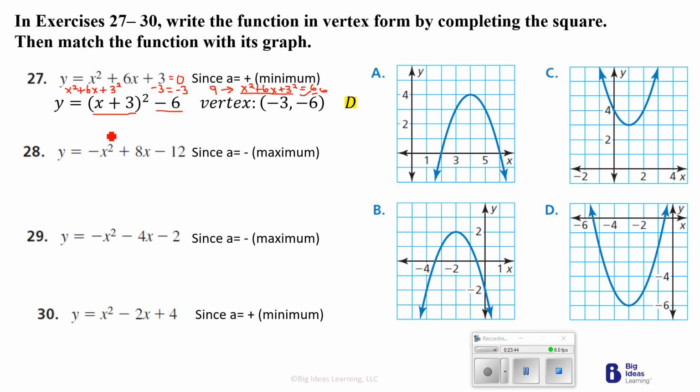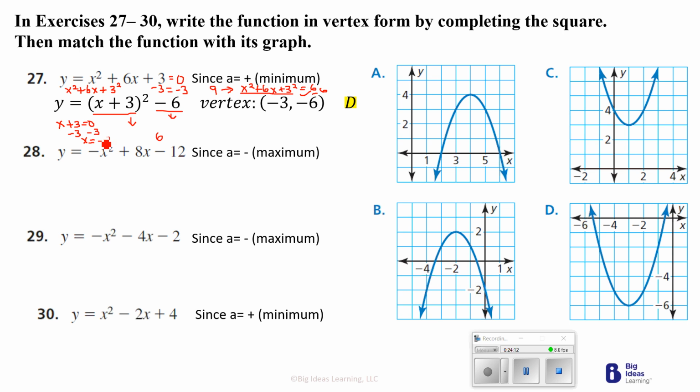Now, remember, this is vertex form. So vertex form states this will be my x. I have to solve for it in the form of x plus 3 equals 0, and of course, that means I'm going to subtract 3 from both sides. So x is going to equal negative 3. And of course, this stays the y value, which is 6.